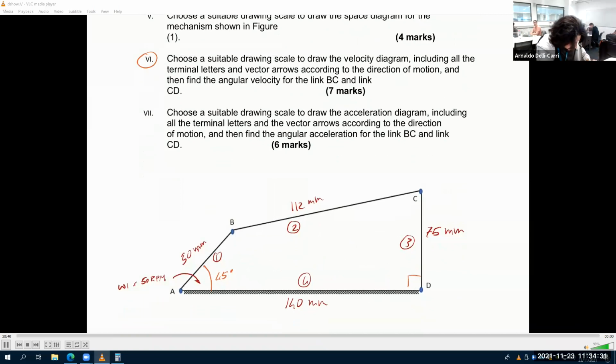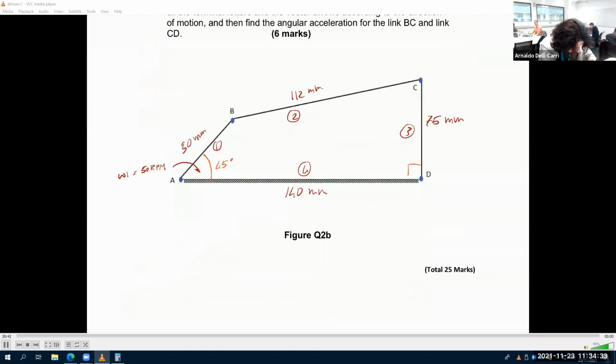So we want to find basically VA, VB, VC, VD, and the angular velocities omega 1, omega 2, omega 3, and omega 4. Of course, VA, VD and omega 4 are 0 because that last link is fixed. Omega 1 is given, so there is no need to find it. We need to find these 4 unknowns.